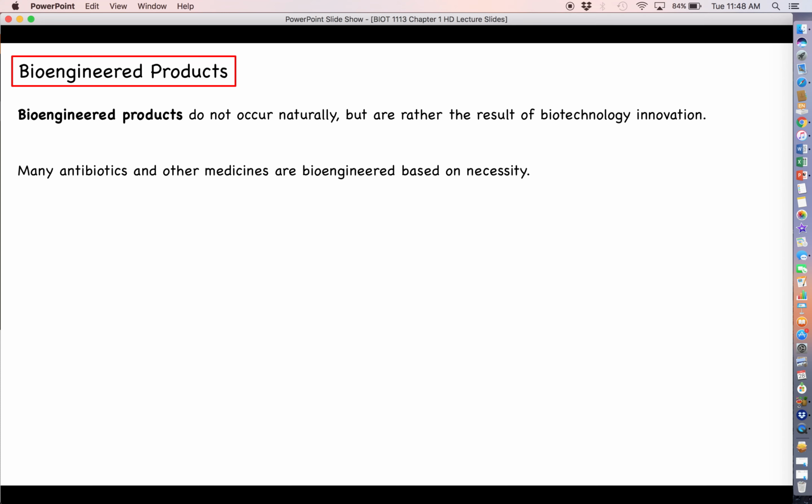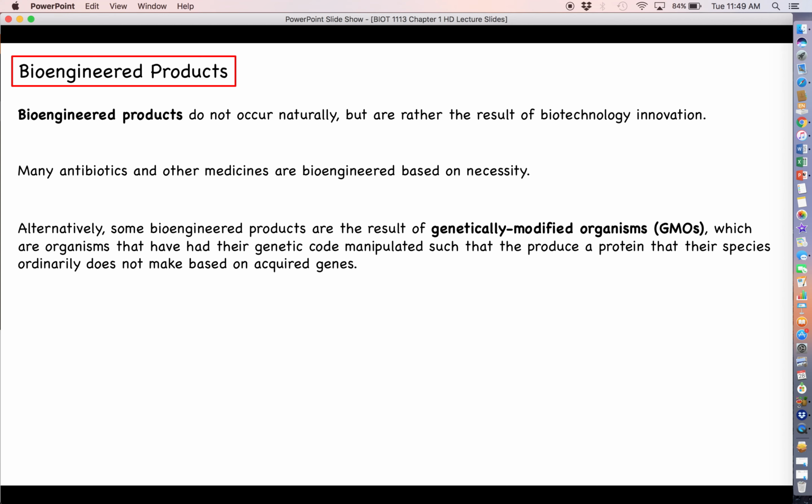So like I was indicating, many of our antibiotics and other types of medicines are not really things that actually occur naturally. They're actually based on kind of ingenuity and bioengineered based on our need for these products. So we need lots and lots and lots of different antibiotics that are effective against lots and lots of different types of bacteria. There may not be enough naturally occurring antibiotics to satisfy that demand. So that's where bioengineering comes in.